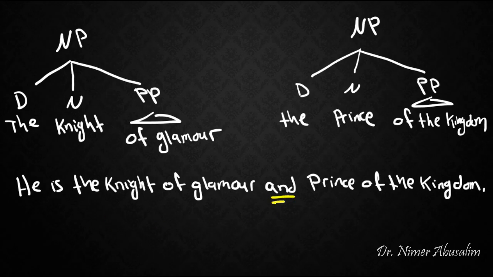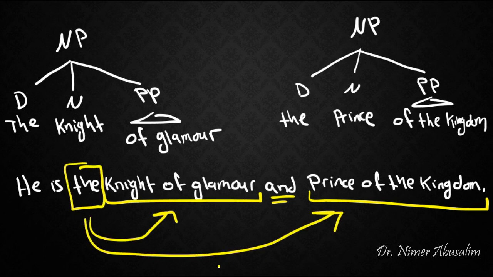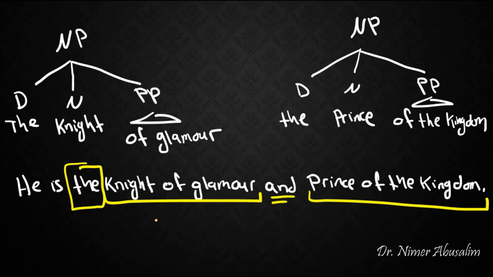What exactly are we coordinating together? Prince of the Kingdom is coordinated with Knight of Glamour. So this determiner, the, is kind of like a determiner for both of these. So what we're really trying to say is that he is the Knight of Glamour and the Prince of the Kingdom. So then again, we were able to coordinate Knight of Glamour and Prince of the Kingdom.